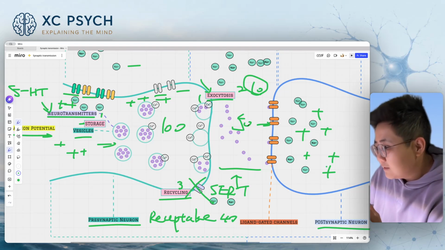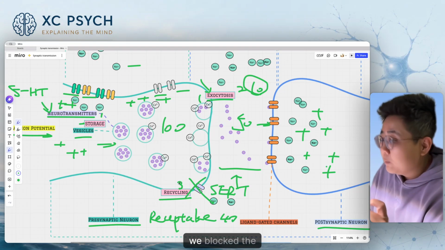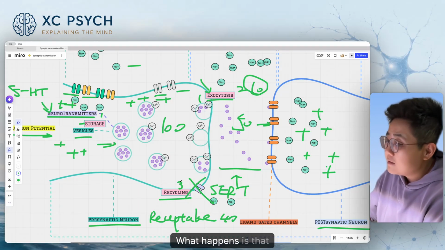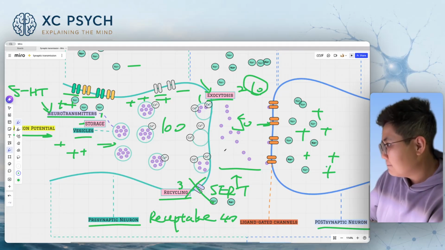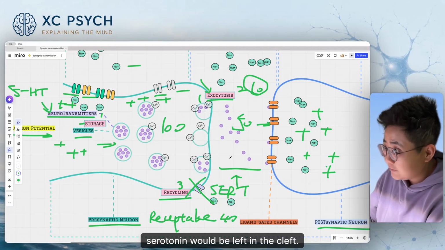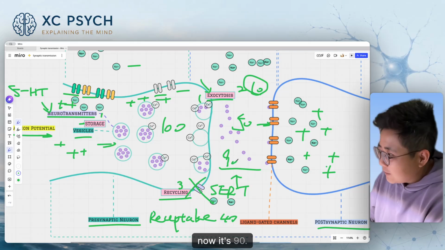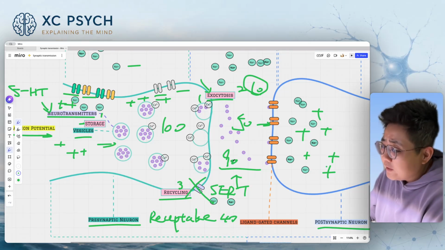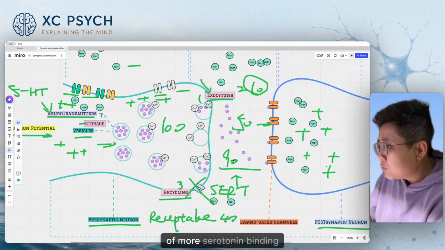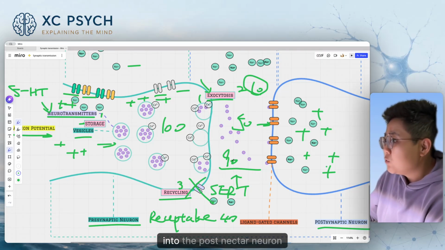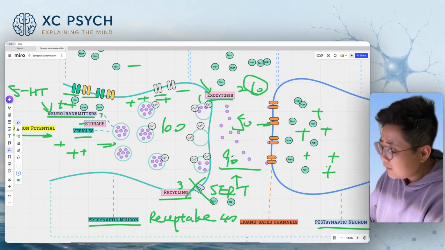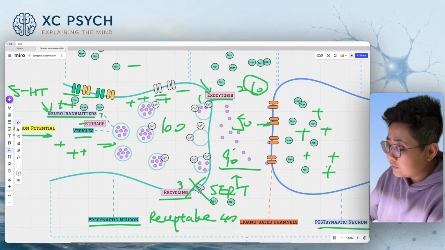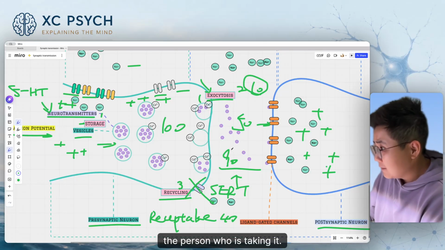With the SSRI, we blocked the recycling channel. What happens is that more serotonin would be left in the cleft. So before it was 50, now it's 90. And with 90 in the cleft, it will increase the chances of more serotonin binding to the postsynaptic neuron, and hence increase the mood of the person who is taking it.